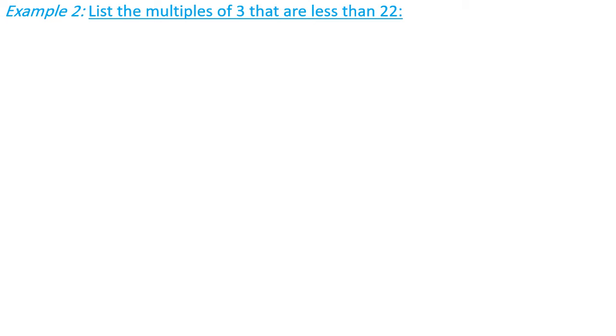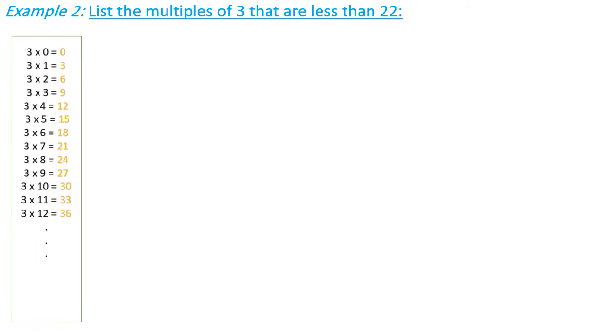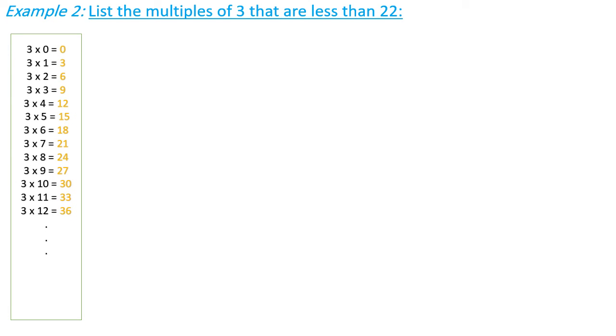Example 2. List the multiples of 3 that are less than 22. Let us check together the first multiples of 3. We have 3 times 0 equals 0, 3 times 1 equals 3, 3 times 2 equals 6, 3 times 3 equals 9, etc. Now, let us find together the first multiples of 3 that are less than 22.